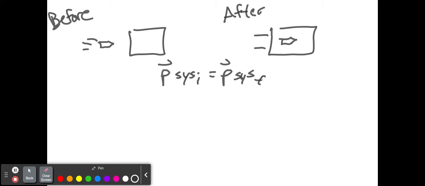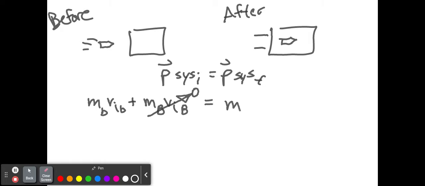So that's going to be the mass of the bullet times the initial velocity of the bullet, plus the mass of the block times the initial velocity of the block, which is 0 because it's not moving. And then because they're stuck together, it's the mass of the bullet plus the mass of the block, or essentially the total mass, times the new velocity. Don't forget your vector arrow.